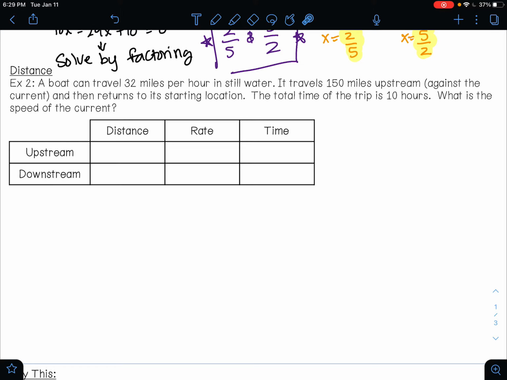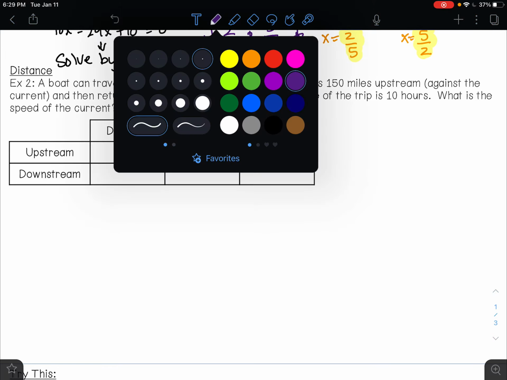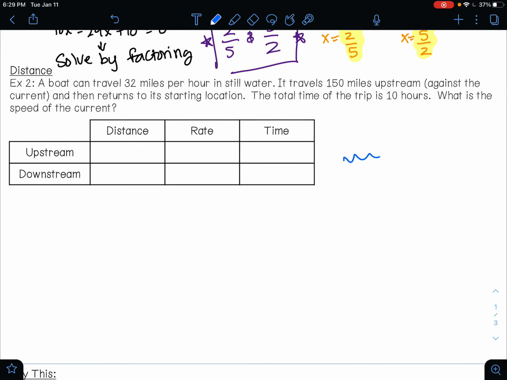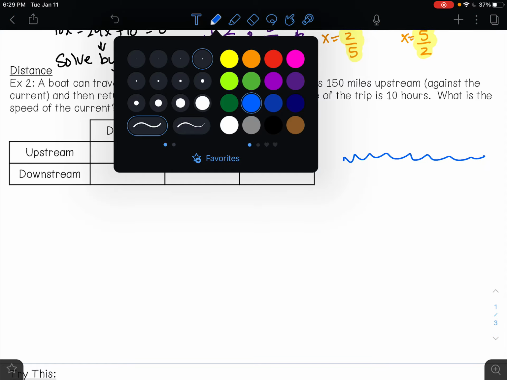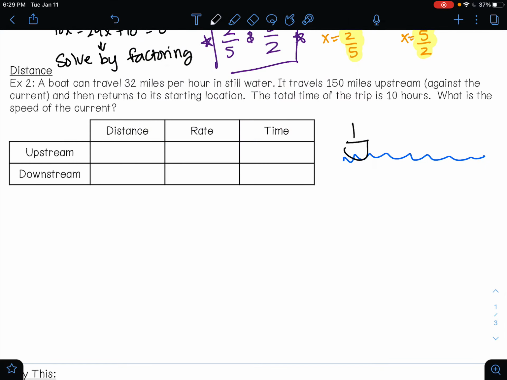So, let's see. Let me draw you a little picture. Here is the river, and here is my beautiful boat. There we go. Now, when it says it travels 32 miles per hour in still water, that means without any current.